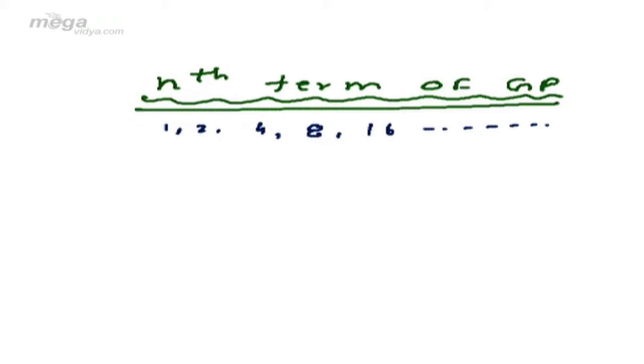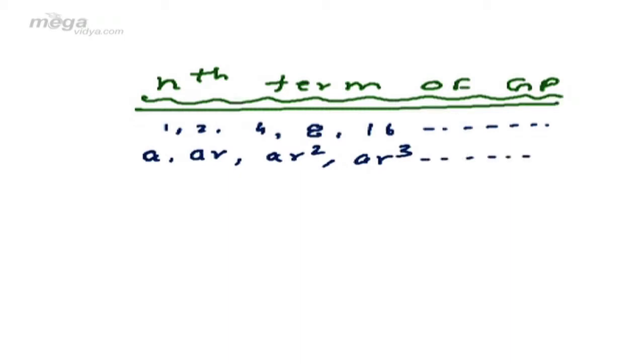Therefore, if we take the first term as A and the common ratio as R, the second term will be AR. The third term is AR squared, because we multiply the second term by R. If we multiply the third term by R, we get the fourth term, that is AR cubed, and so on.